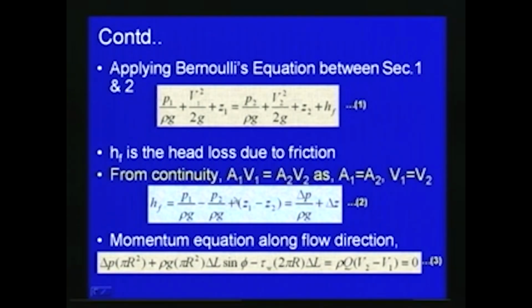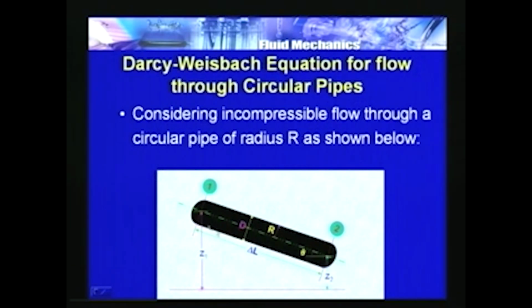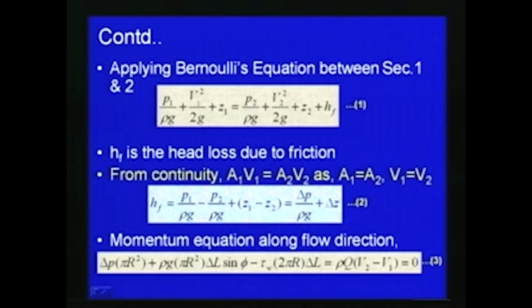Now let us use the momentum theorem between section 1 and 2. We have seen that the pressure difference between section 1 and 2 is delta P. Applying the momentum equation along the flow direction: delta P into pi r square, where r is the radius of the pipe, plus rho g into pi r square into delta L sin phi, plus the shear force, tau w into 2 pi r into delta L, should be equal to the change in momentum, rho q into V2 minus V1. Since V1 is equal to V2, this is equal to 0, as in equation number 3.